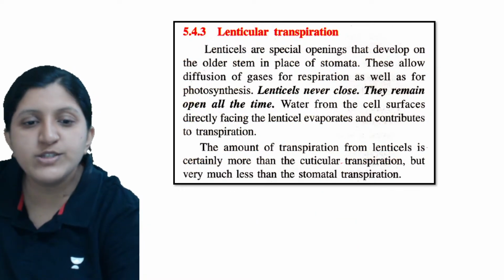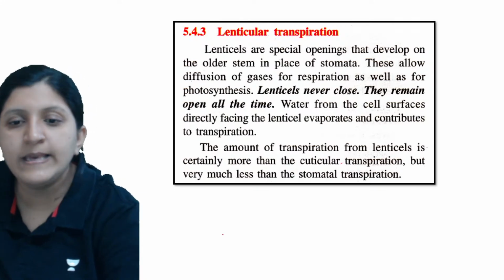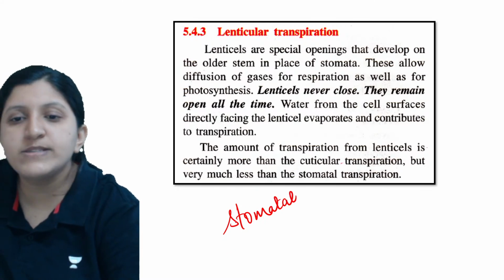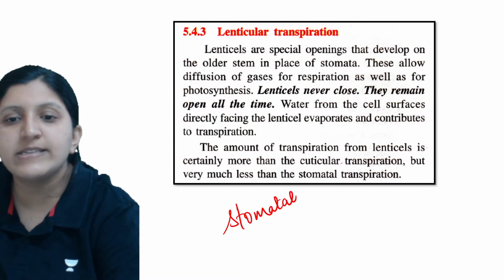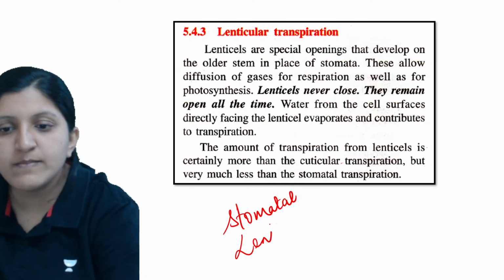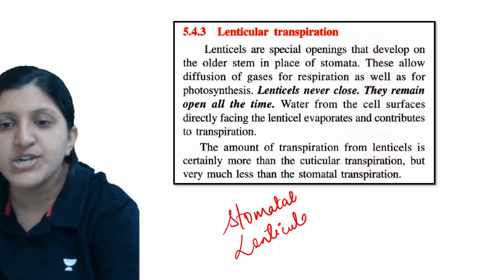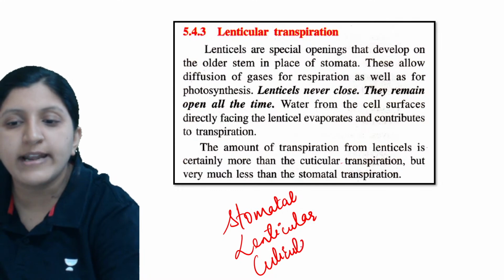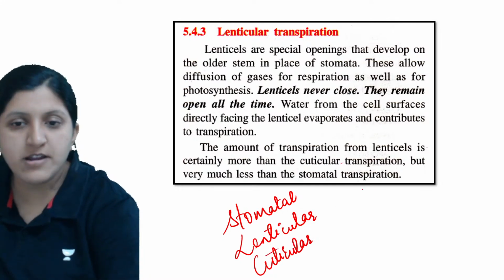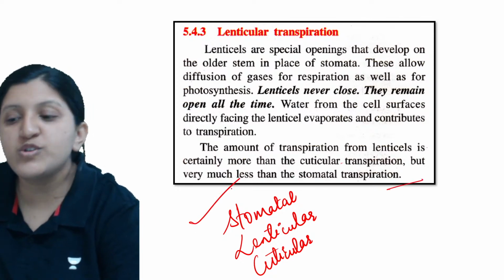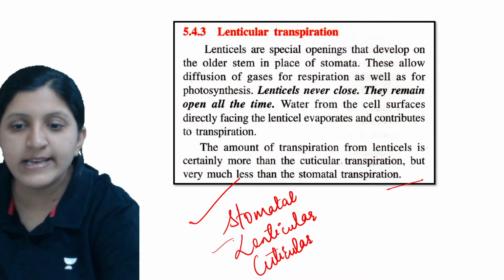Next comes lenticular transpiration. Then there is cuticular transpiration, which is very much less than the stomatal transpiration. So stomatal transpiration is the highest, next is lenticular, and then cuticular.